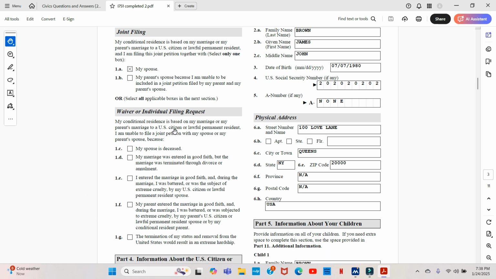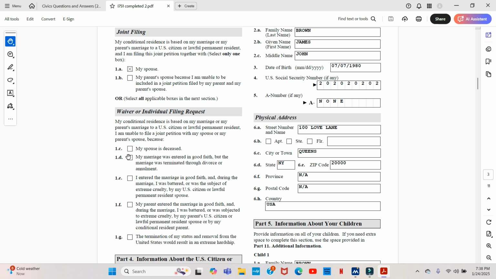If you are filing I-751 individually, you need to select one of these options under which you fall. My conditional residence is based on my marriage or my parents' marriage to a U.S. citizen or lawful permanent resident. I am unable to file a joint petition with my spouse or my parent's spouse because. Select the one that's applicable to you.